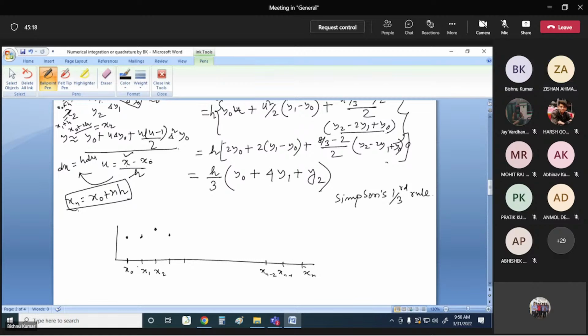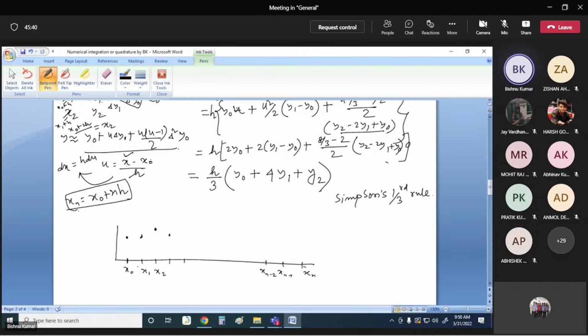Yes, sir. So now suppose you have n plus 1 points. As we built a composite rule before, here also we try to build a composite rule for n plus 1 points or n subintervals, where n is even. What is the composite rule?